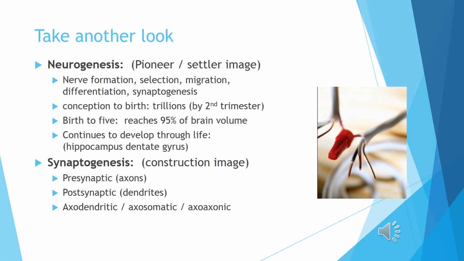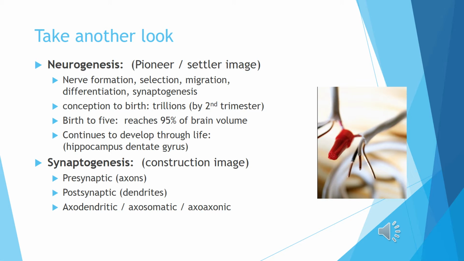And finally, once they have differentiated, they need to build a way to communicate with each other, and that is primarily through the synapses. So we have synaptogenesis. And the majority of this work is taking place in the brain through the second trimester, and then from birth to 5, the brain is going to reach about 95% of its brain volume.